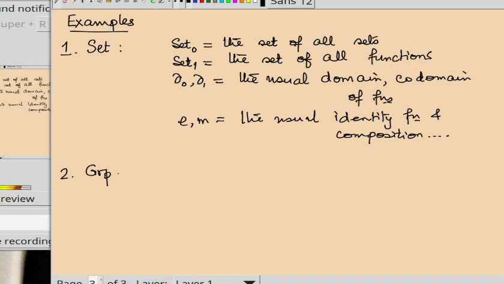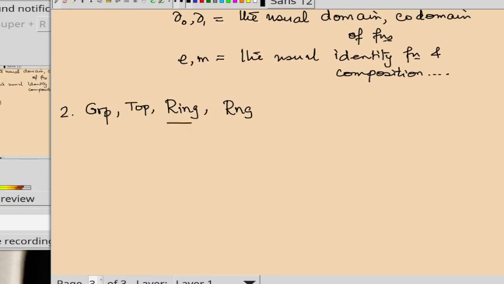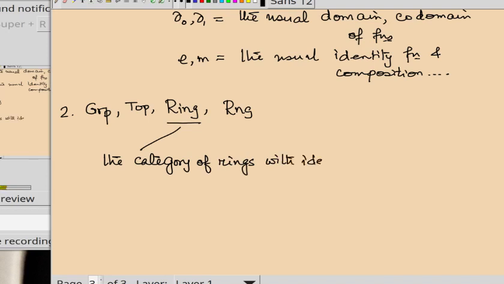Similarly, we have the category of topological spaces, the category of rings, with identity and homomorphisms preserving the identity.